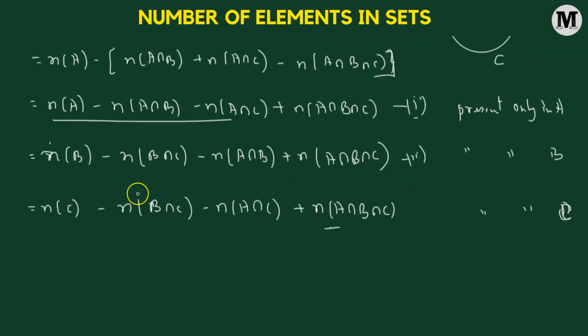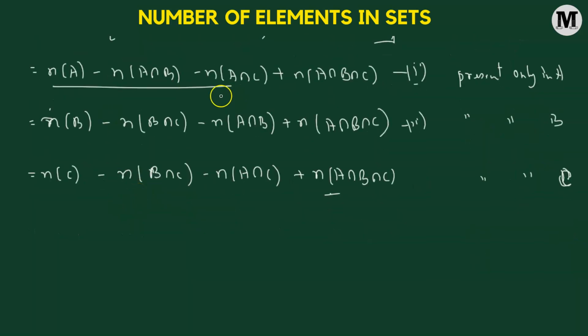Now, when we add all these three, it could be present in A only, or it could be present in B only, or it could be present in C only. So we have to consider all of these 3 cases. When we combine them, we're going to get the elements present in the set A added with the elements present in the set B added to the elements present in the set C. Now here we'll see that the total number of elements in A intersection B is repeating twice.